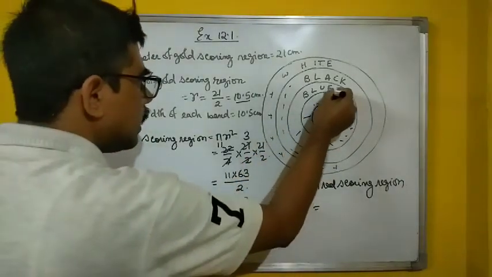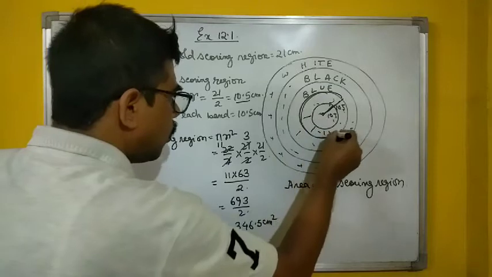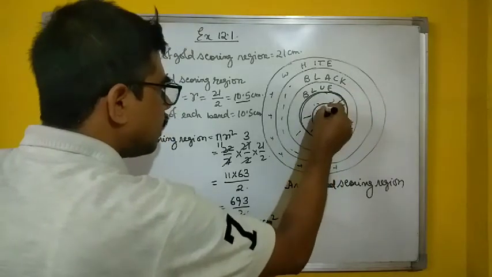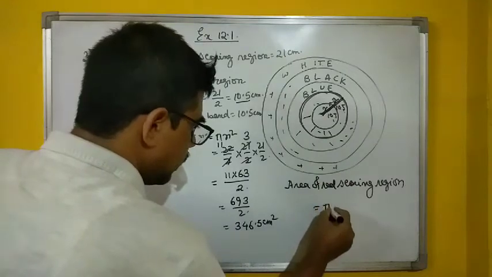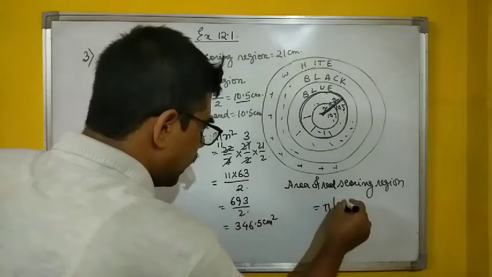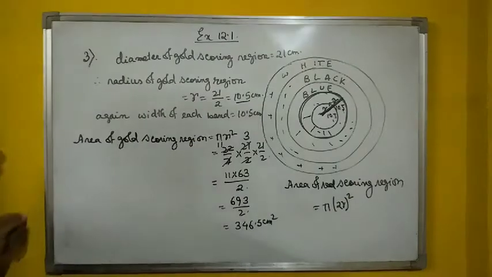So for the whole circle, this is R and this is also R. There are 2 R's, so we can write 2R as the radius, whole square.